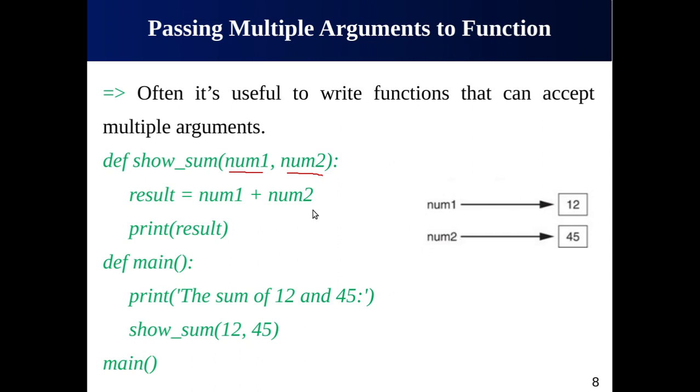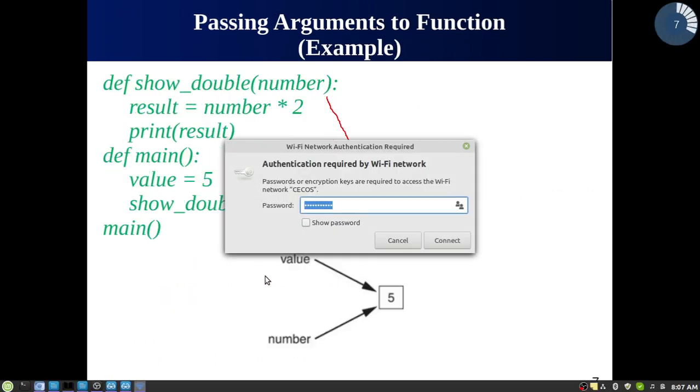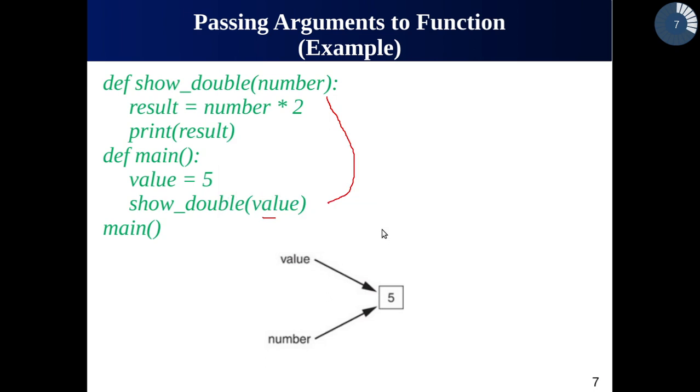Let us see a simple example where we pass a single argument. When an argument is passed to a function, the function parameter, which in this case is denoted by number, will refer to the argument value.